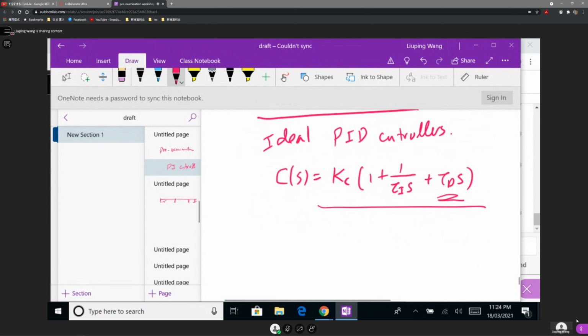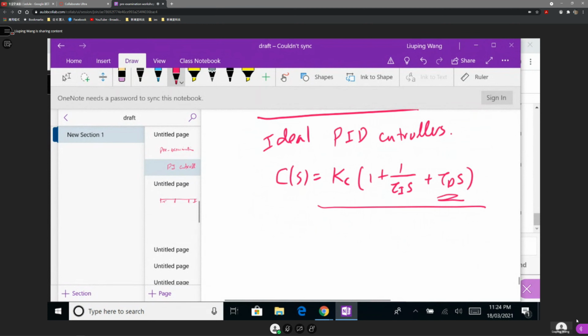We usually make it 0.1 tau d of s plus 1, right? Because the filter is trying to reduce the effect of noise.